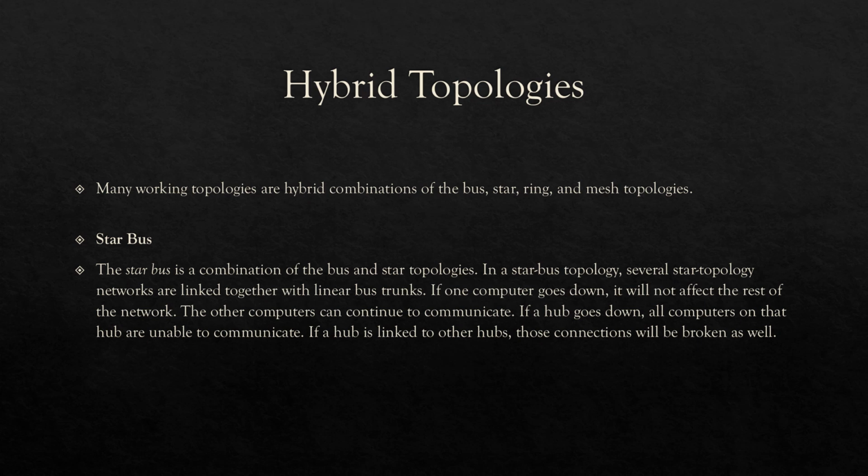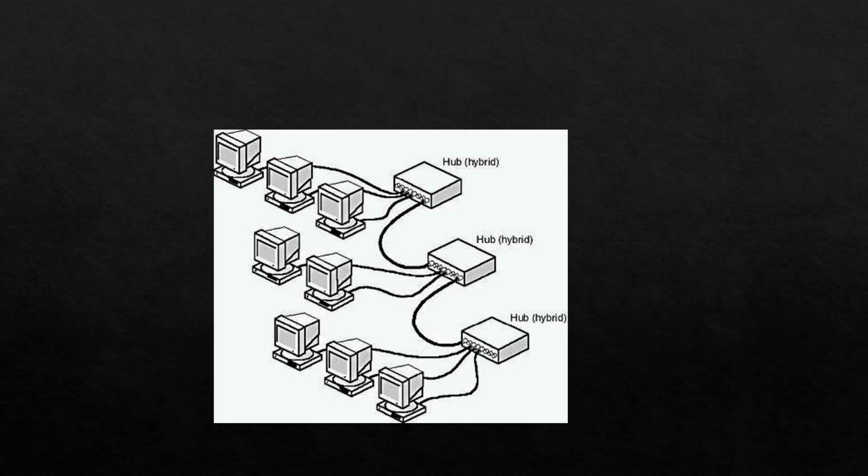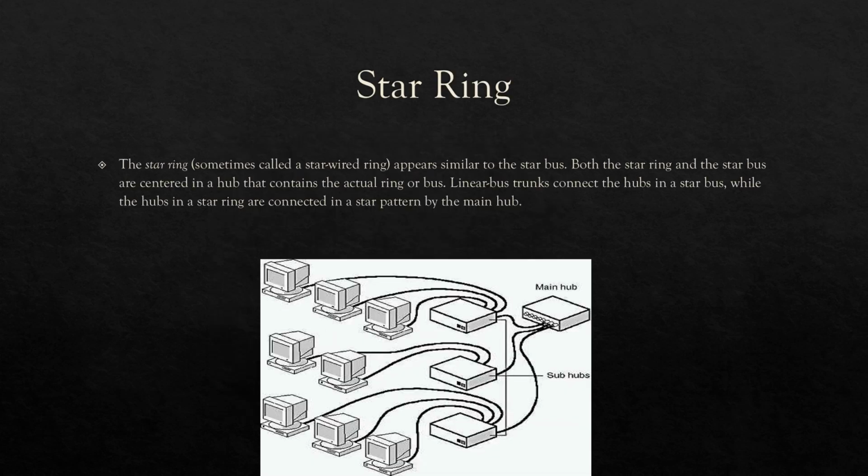And if a hub goes down, all computers on that hub are unable to communicate while the others can continue to operate. See, this is an example. In this example, there is a star topology connection between the PCs and a hub, and the hubs are connected using bus topology. So this is an example of star bus topology.